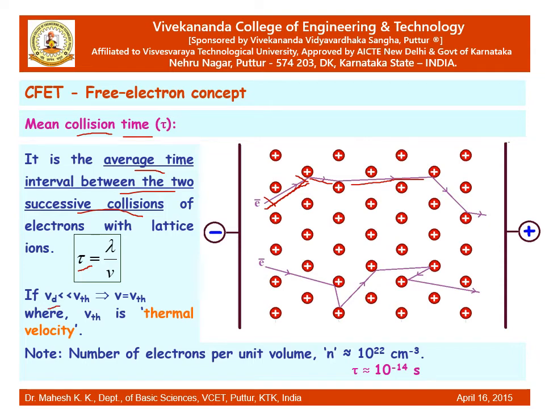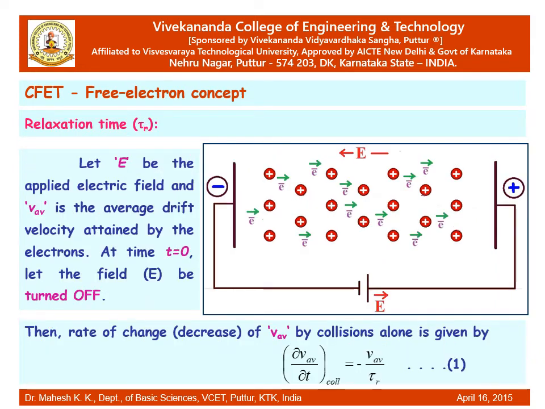Next, let us consider the relaxation time. To understand this, let us consider a solid with free electrons, and we supply an electric field. So there are electrons which are moving in the direction opposite to the applied electric field.